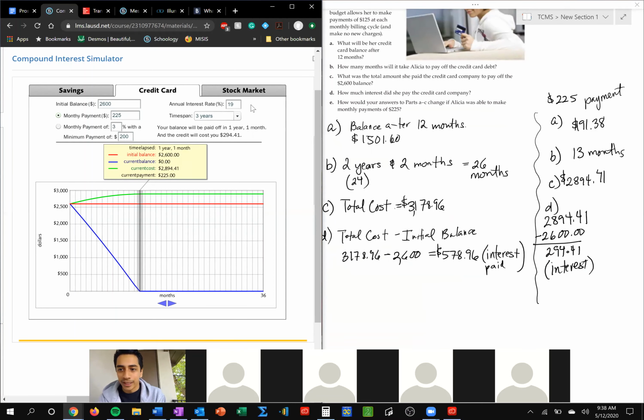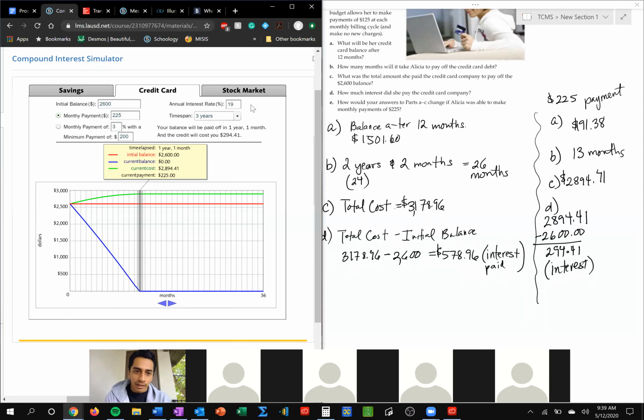Typically, if I were to look at something like that, it would bug me to know that I paid so much in interest. So I would try to find a way to send even larger payments. So that's kind of what you want to be aware of, is how the credit card companies make money off of you, right? By lending you money, they earn a lot back just by letting you borrow money.